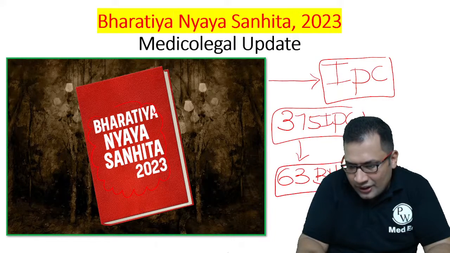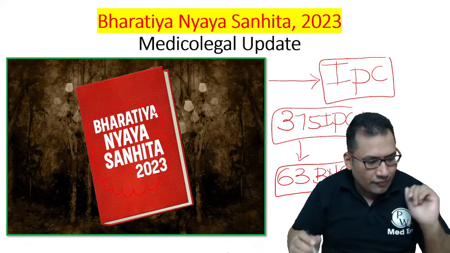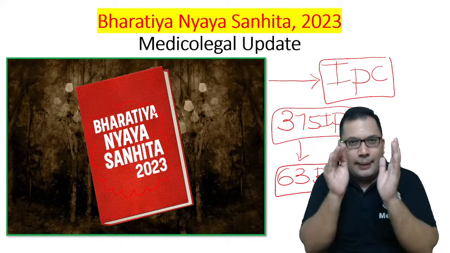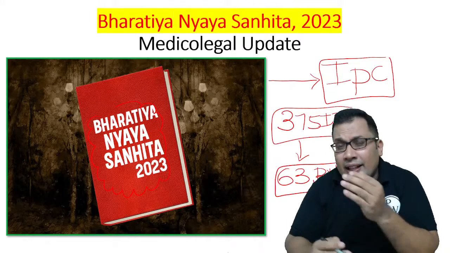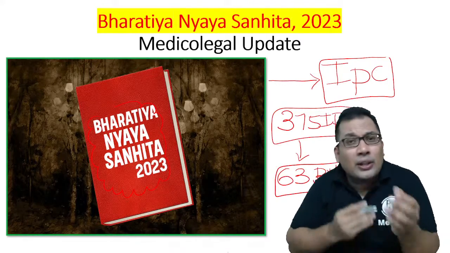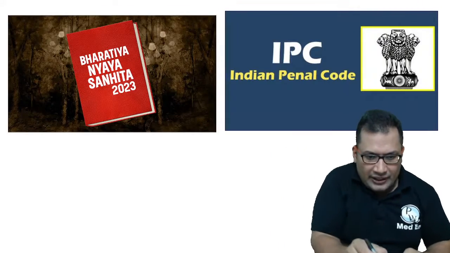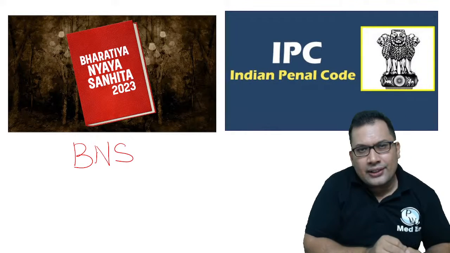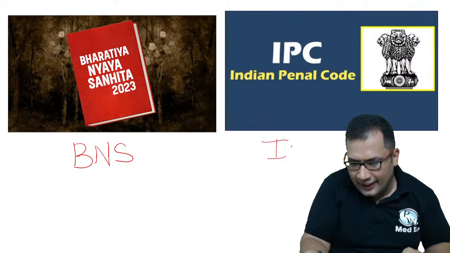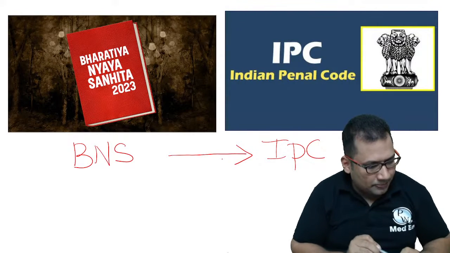It comes under 63 BNS. So IPC is equal to BNS, Bharatiya Nyaya Samhita, which defines offenses and also defines the punishment. This is the new law BNS and this is the IPC, right?